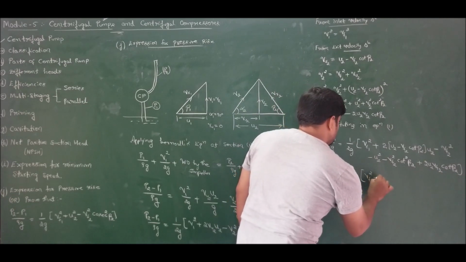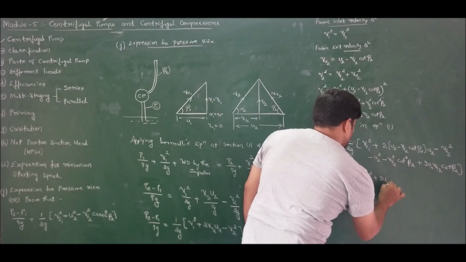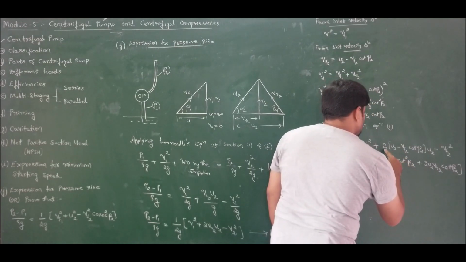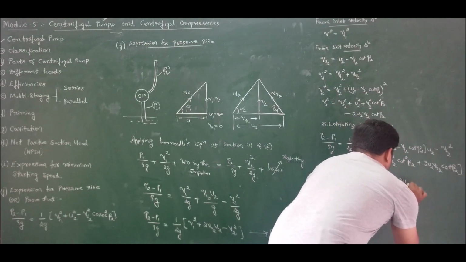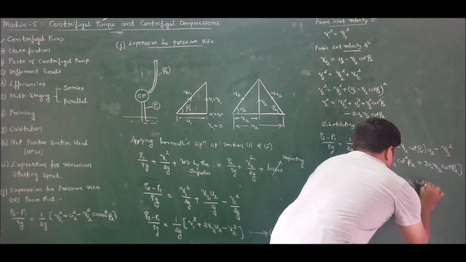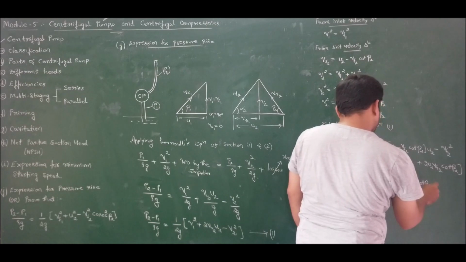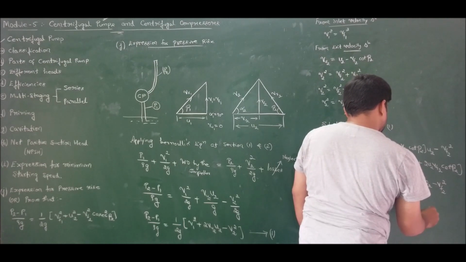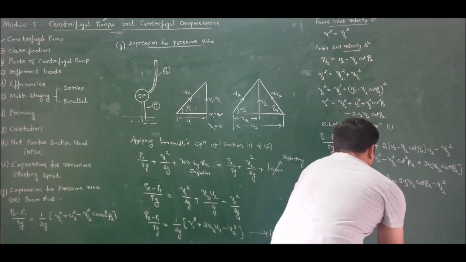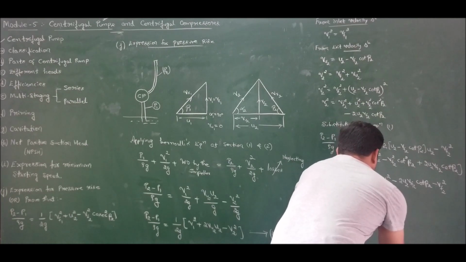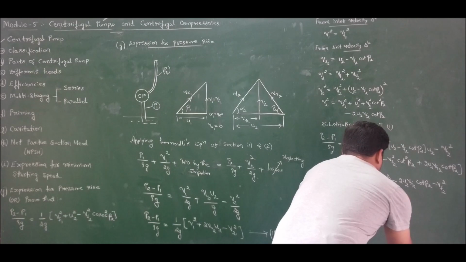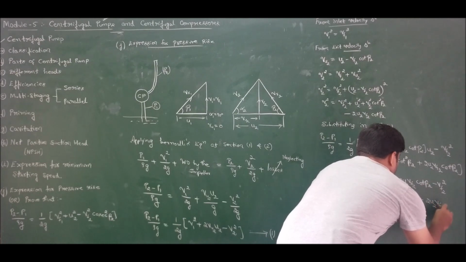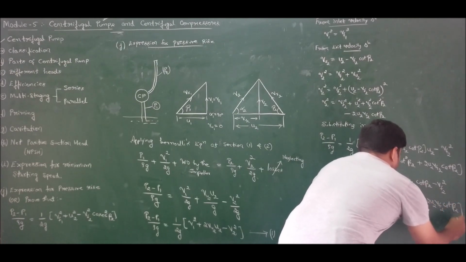Vf1 square plus 2 U2 square minus 2 U2 Vf2 cot beta 2 minus Vf2 square minus U2 square minus Vf2 square cot square beta 2 plus 2 U2 Vf2 cot beta 2.